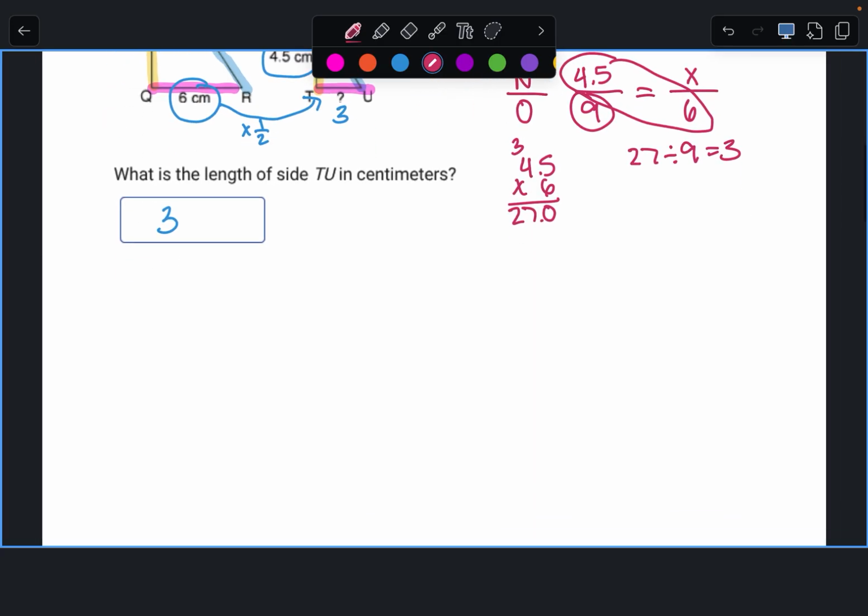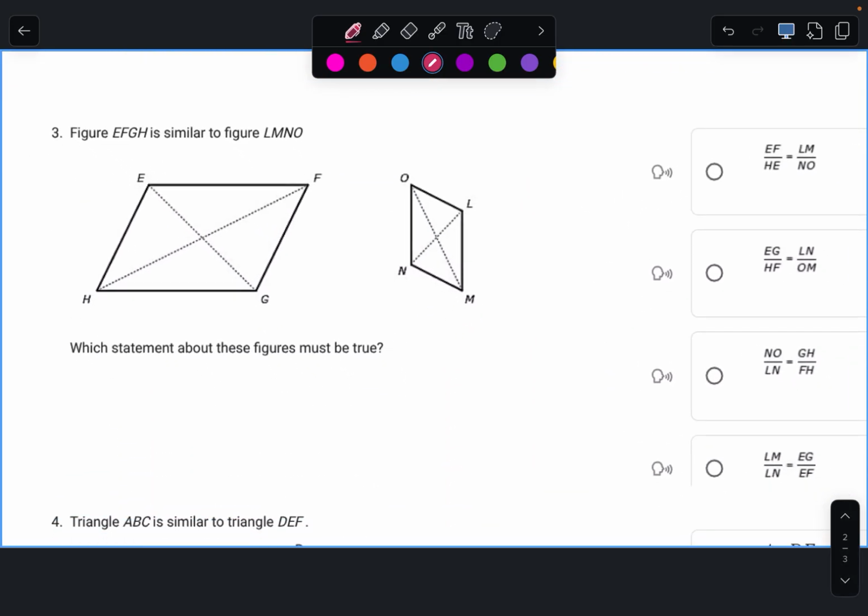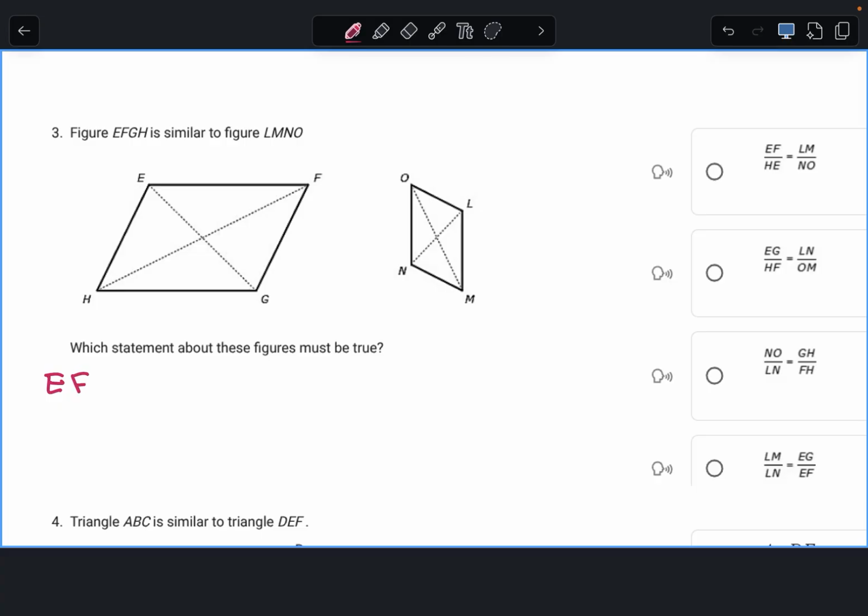All right, on number 3. Okay, now this one might have been a little tricky because I have corresponding sides. So EF, GH, and LM, and O. So EF goes with LM.